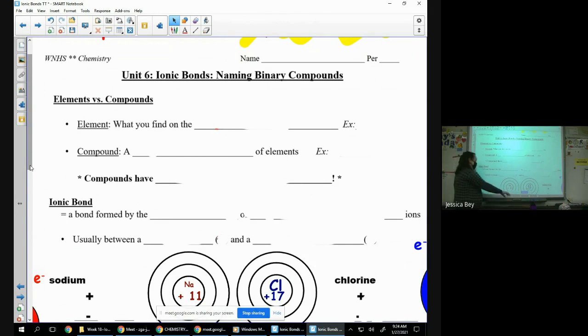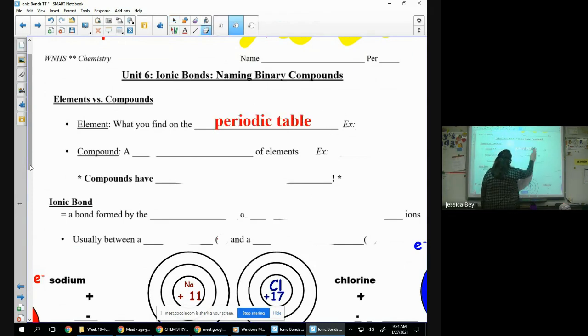Remember, an element is what you find on the periodic table. Does anybody have a favorite element? Think of one element you can name. Carbon, beautiful. Okay, oxygen, chlorine, anything directly off the periodic table. So whatever you want. Okay.